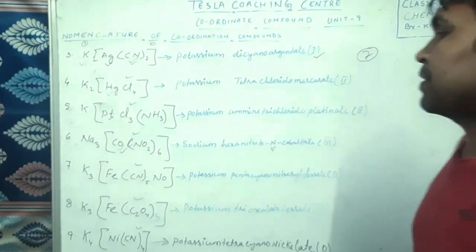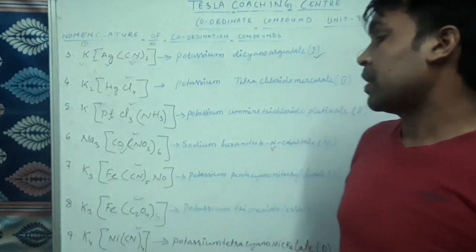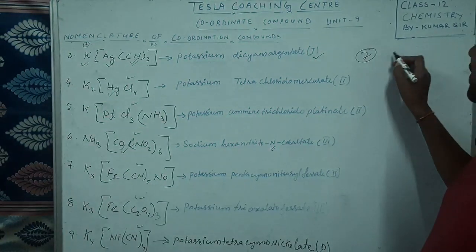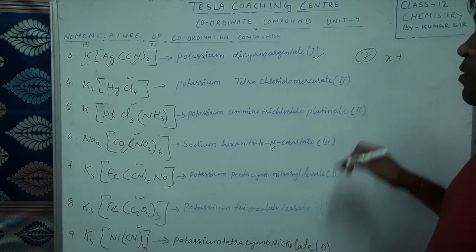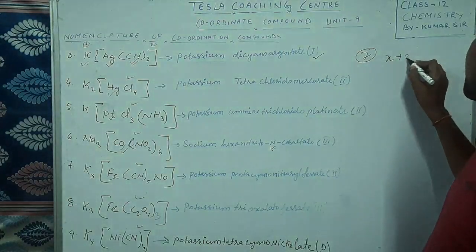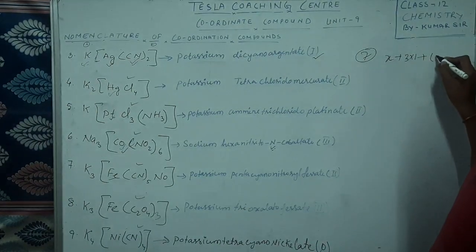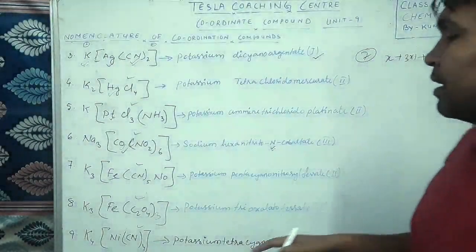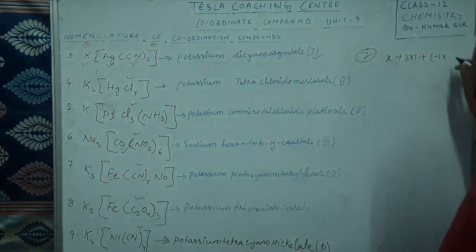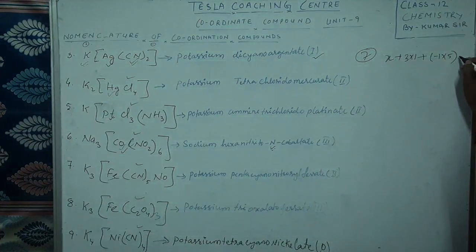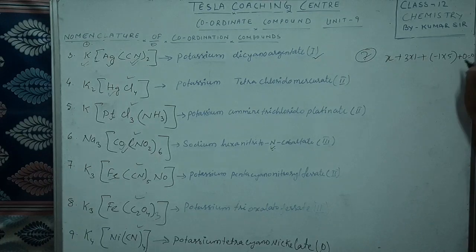So question number 7, Fe. The central metal is Fe, so we are going to calculate for Fe. So Fe is X. Potassium oxidation number is 1, so 3 into 1. Cyanide is -1, and how many cyanide are there? 5. And NO's oxidation number is how much? 0.